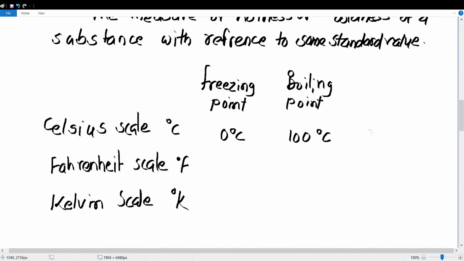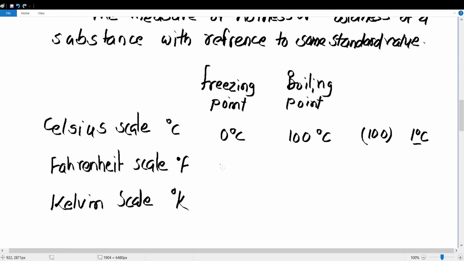The difference between the freezing point and the boiling point is 100 divisions, equally divided into 100 equal parts, and one part among them is 1 degree Celsius.